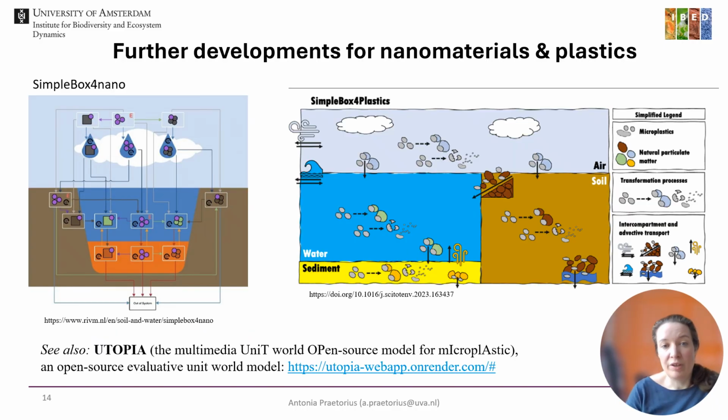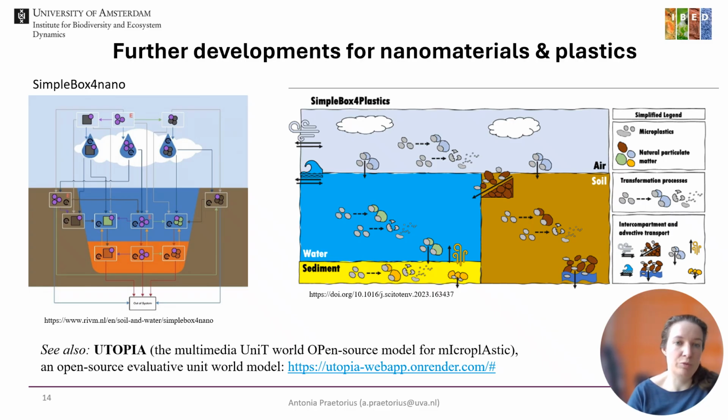All the models and also the theory that I've discussed so far are applicable to organic contaminants, but we also have different types of contaminants, like for example nanomaterials and micro and nanoplastics, which are particulate contaminants. And these can also be modeled with multimedia mass balance models, but adjustments have to be made to the way that the processes in these models are represented.